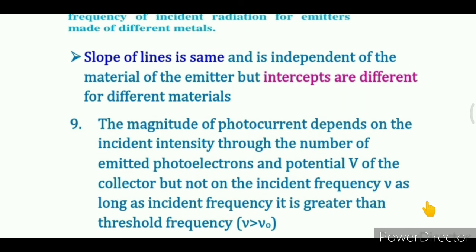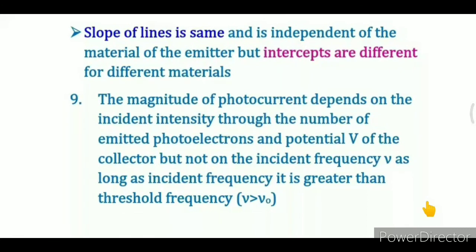So all the observations from the experiments on the photoelectric effect were satisfactorily explained by Einstein's hypothesis of the existence of the photon, or treating light as a bundle of energy.